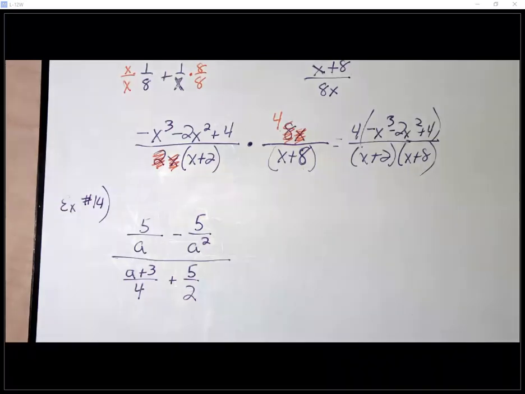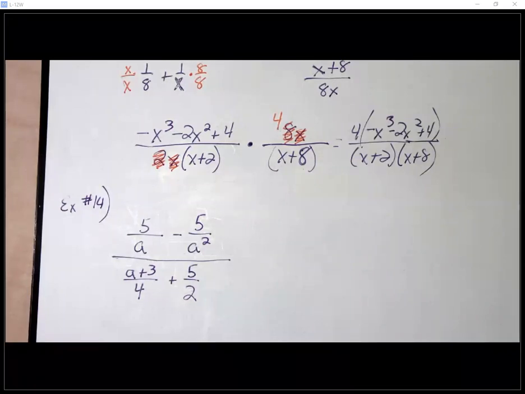The numerators are a plus 3 and then a plus 2. Would it be a plus 13? Oh, okay.